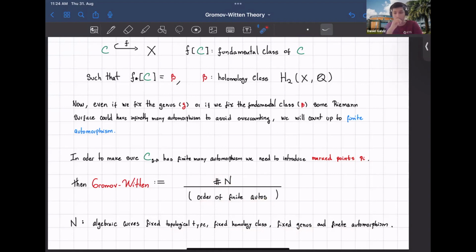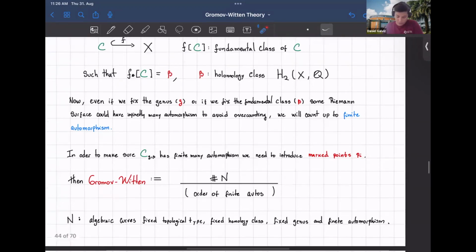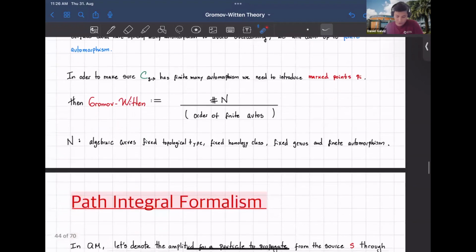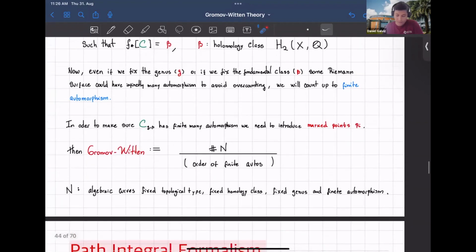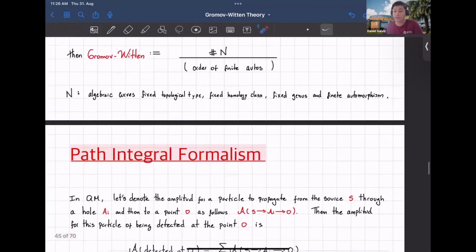So of course you can have a number like 1/2, but of course you are counting algebraic curves, so it should be an integer, right? But because we are counting up to automorphisms, this number that we obtain doesn't have to be an integer, and then we have to interpret this number. Okay, so this is the motivation, and let's maybe have some questions, if you have some questions by now.